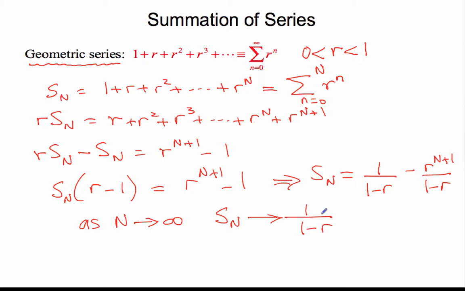And this is then going to be the sum of this geometric series. This is, over here, the remainder that is left over when we sum up till N. But you can see that since r is less than 1, as N becomes larger and larger, this term over here will go to 0. And so, the sum of an infinite series, a geometric series, which we'll call S, is then 1 over 1 minus r. And now that's an important result.